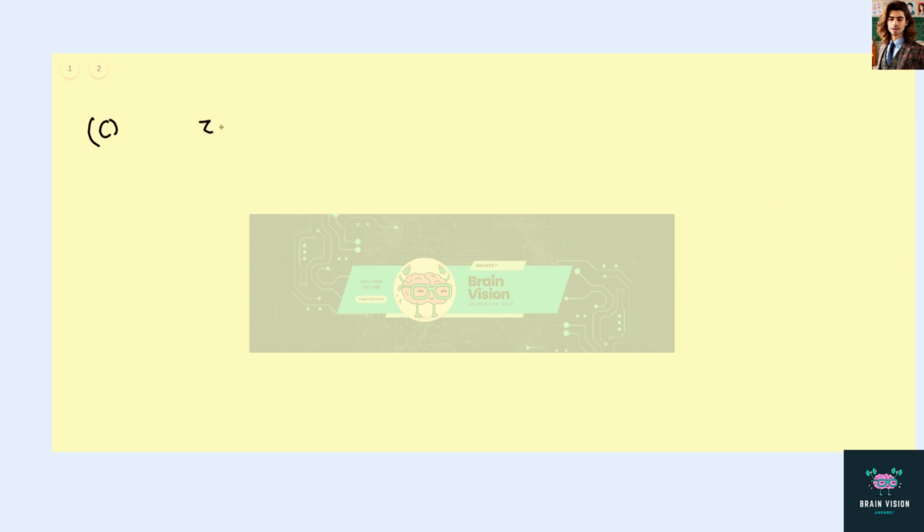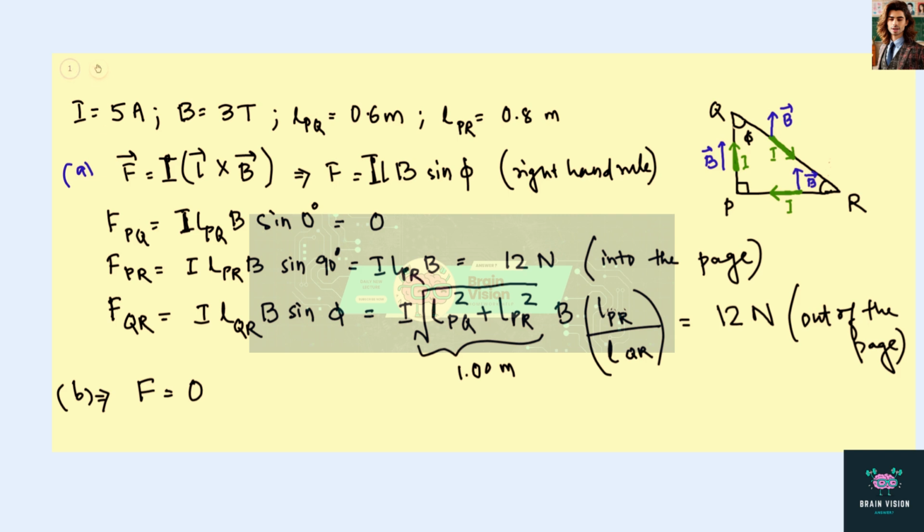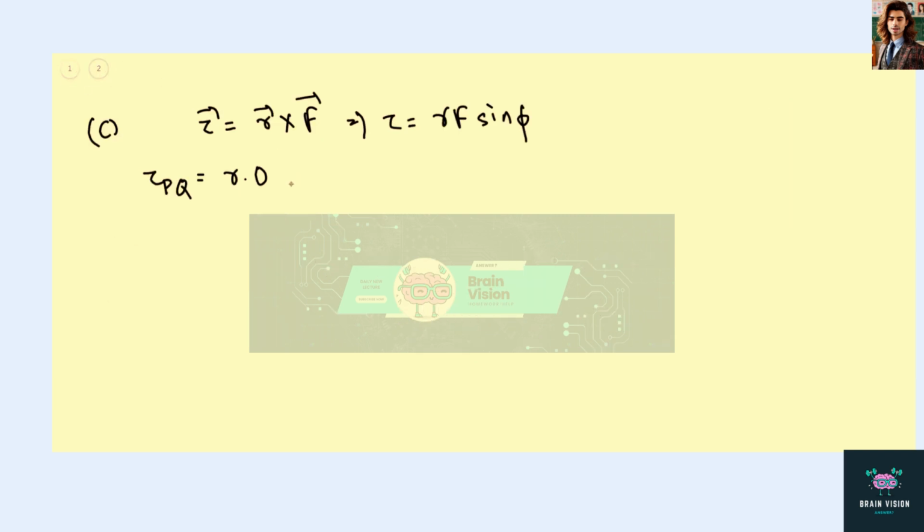So let's use that. Torque is equal to R cross F, and so the magnitude of torque will be R times F times sine phi, and we apply this to each segment. So for PQ, R times F, which is basically 0, so torque is going to be 0 here.